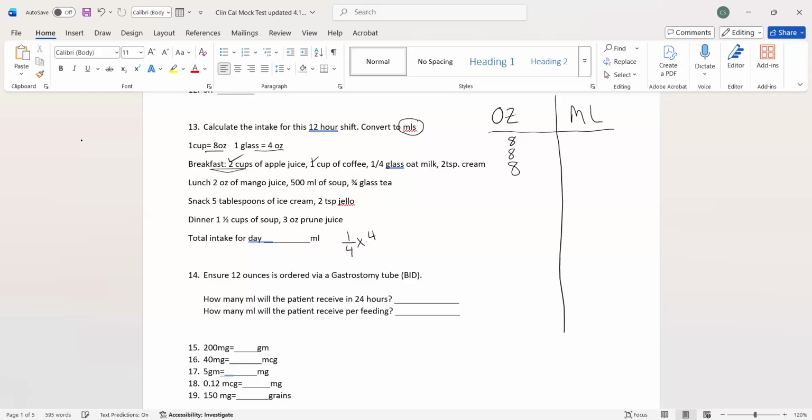And when I write this 4, since it's not connected to anything, I'm just going to put that placeholder there. And then I'm going to cross multiply. So 1 times 4 is 4. 4 times 1 is 4. And then 4 divided by 4 is 1. So I'm going to put my 1 right there, and I'm going to mark that one off.